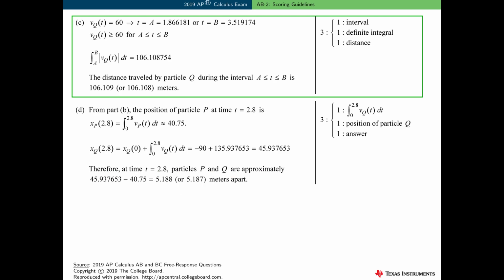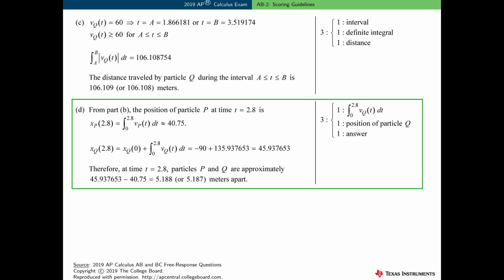Part C was worth 3 points. 1 point for presenting the correct interval, 1 point for writing a correct definite integral that can be used to find the distance traveled by particle q, and 1 point for the actual distance traveled by particle q. Part D was also worth 3 points.